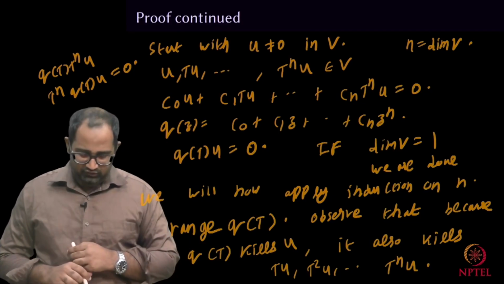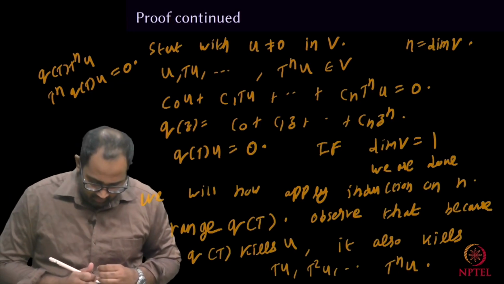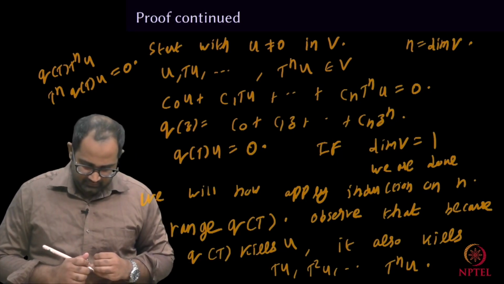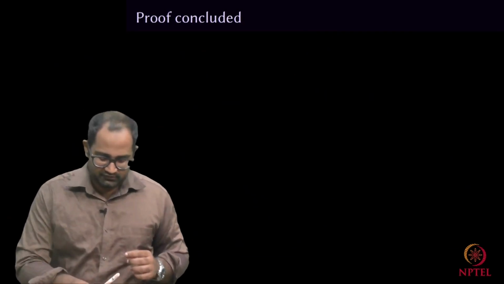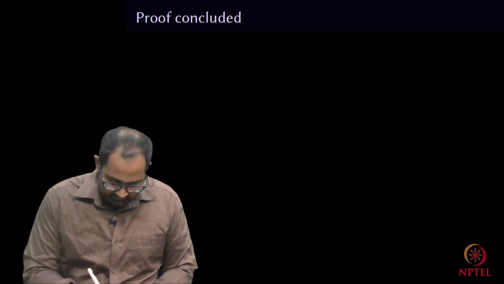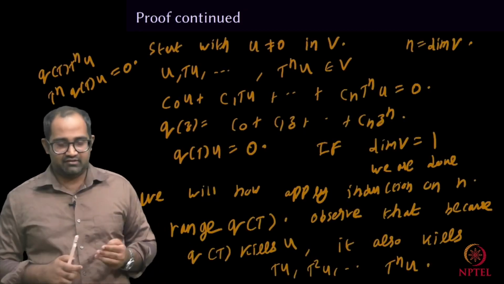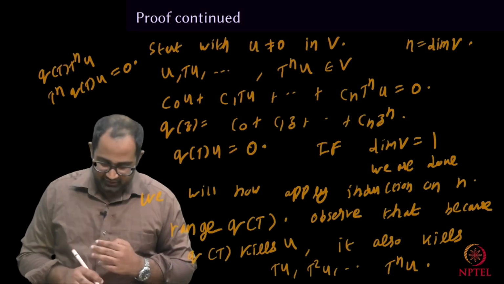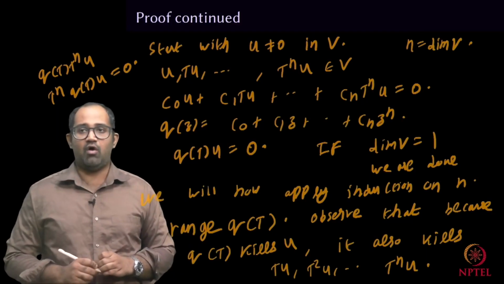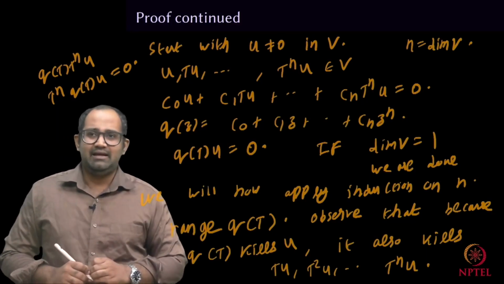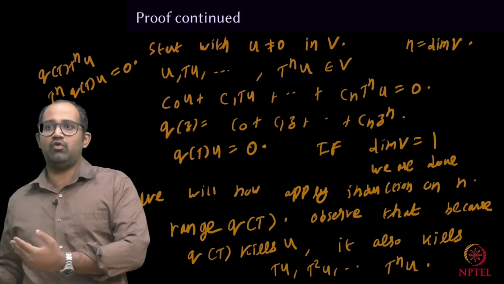Now we can also assume, okay, so what you do is we make a slight change. See, the way I have constructed q, you are going all the way up to n, right? But it can be the case that you get linear dependence well before you go to t power n u.